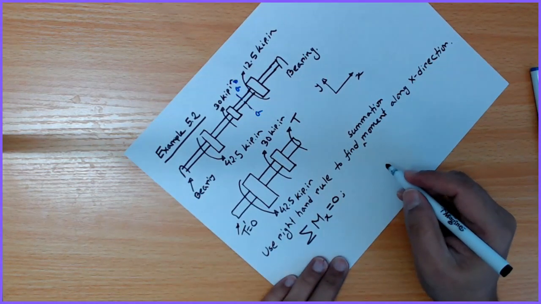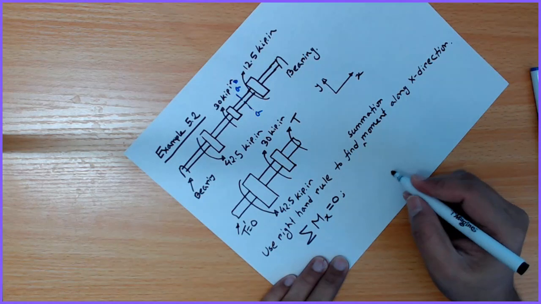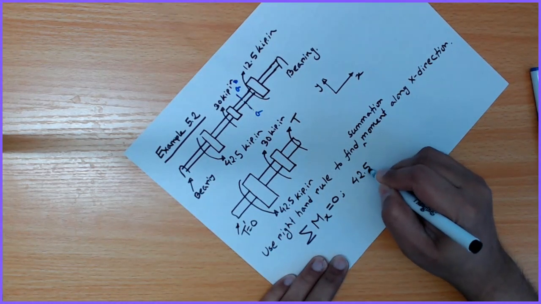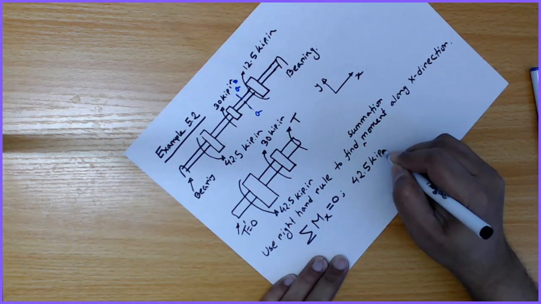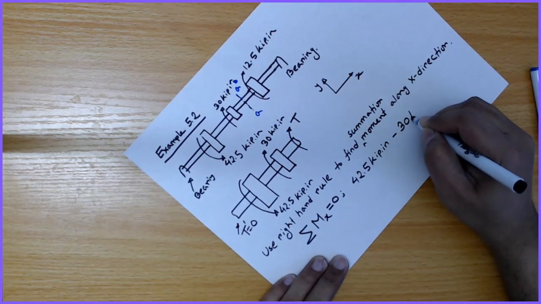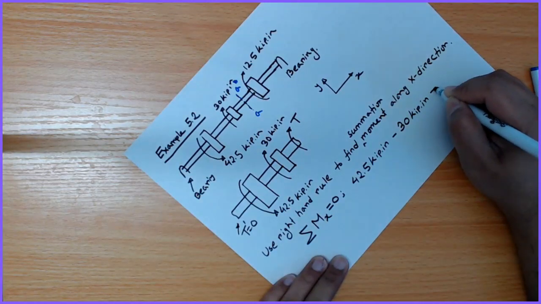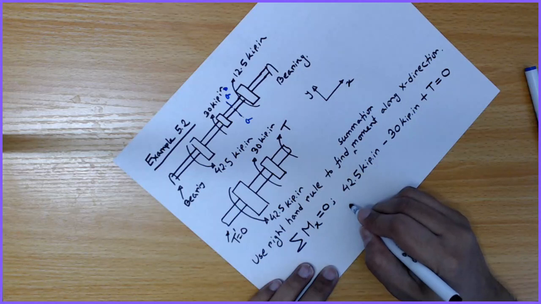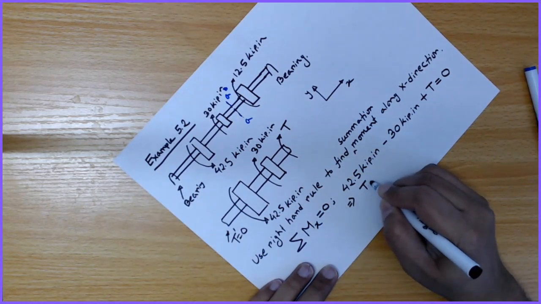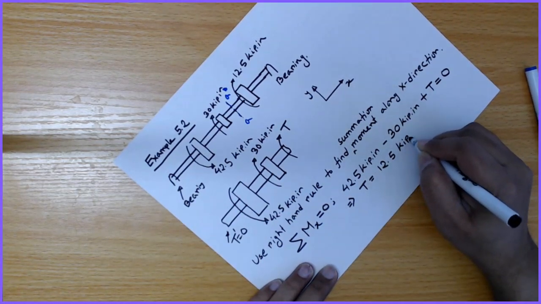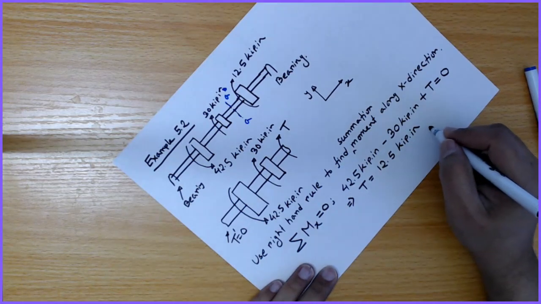Now if I use the right hand rule, this 42.5 kilopound inch is positive, this minus 30 kilopound inch is negative, and T is positive, it's going to be 0. If I solve this, T is going to be 12.5 kilopound inch. Okay.